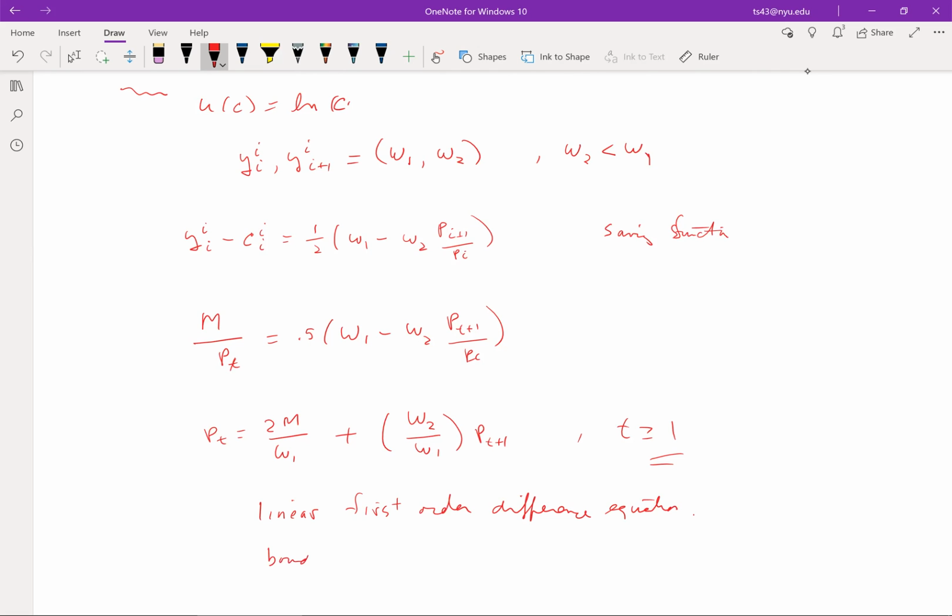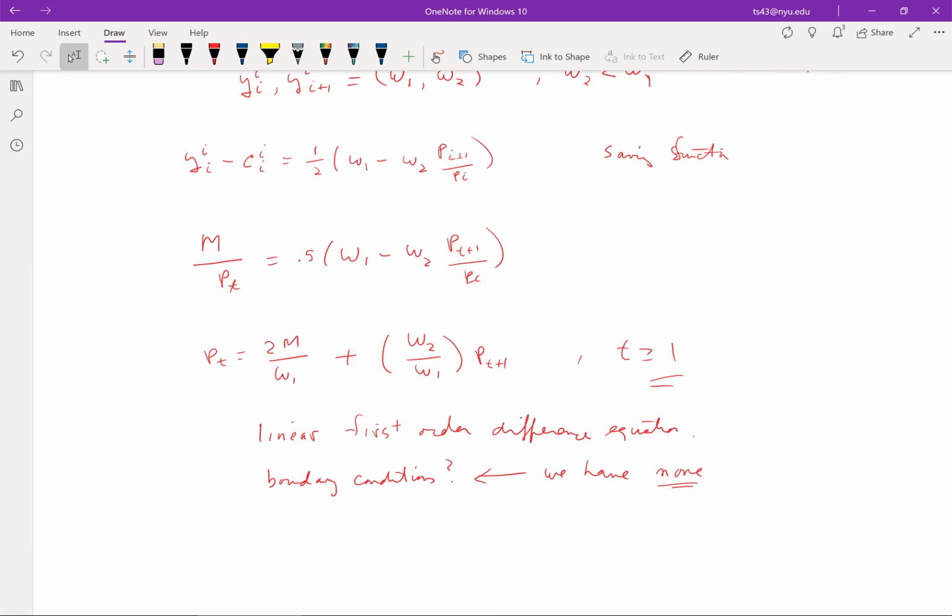And we're going to be constructing, and we want to solve it. Boundary conditions: we have none. This was something Samuelson's article is focused on.